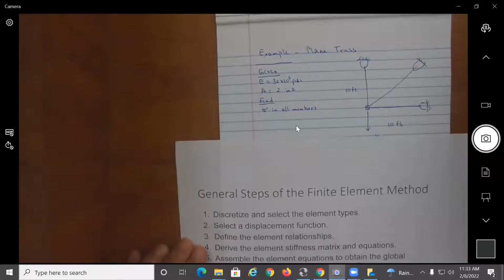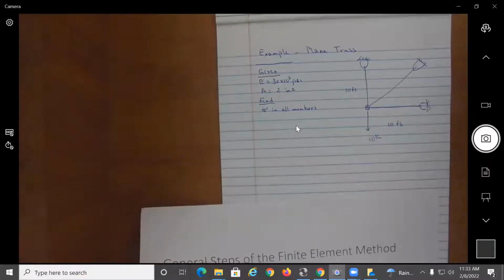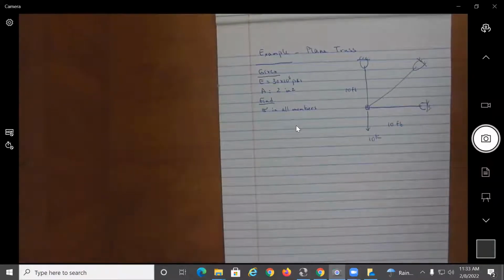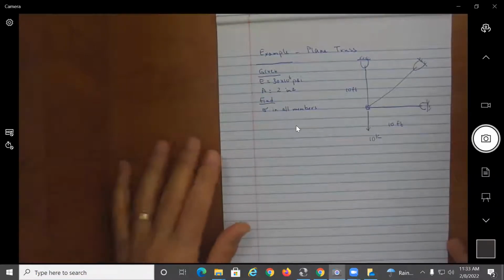So I can go right away to write the element stiffness matrices. That's going to be my goal. But in order for me to do that, I need to label the global axis, the local axis for each element, and the node numbers, right? So I want to create my mesh. So let's start with this.